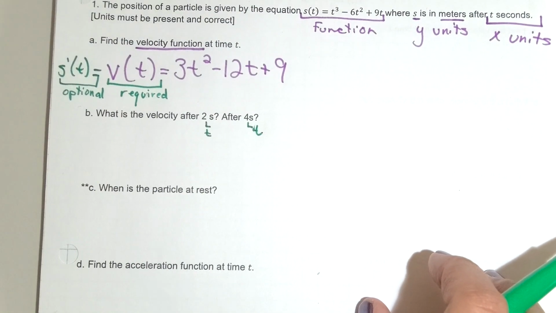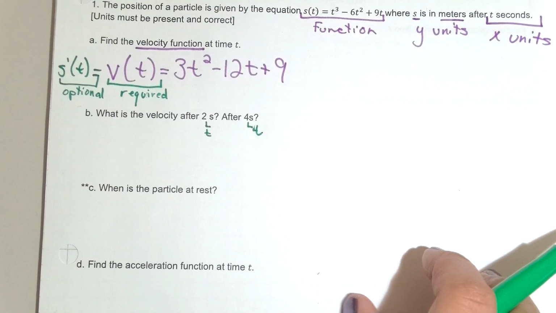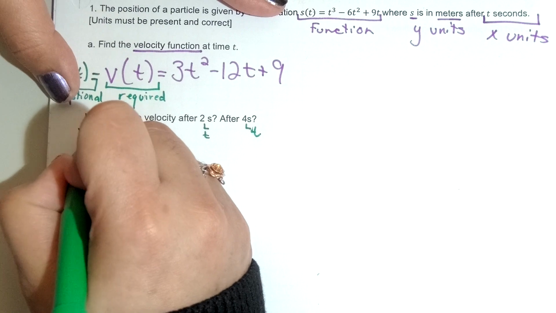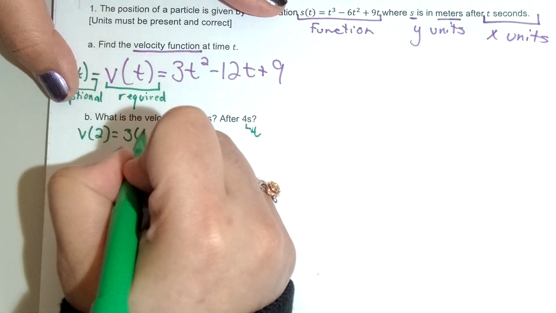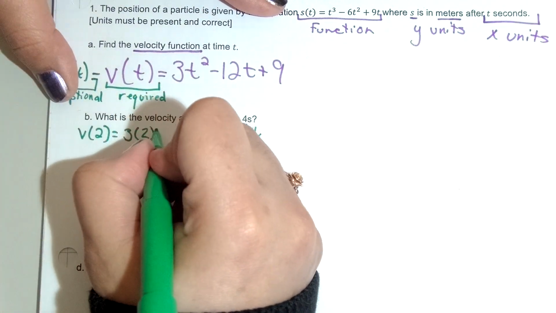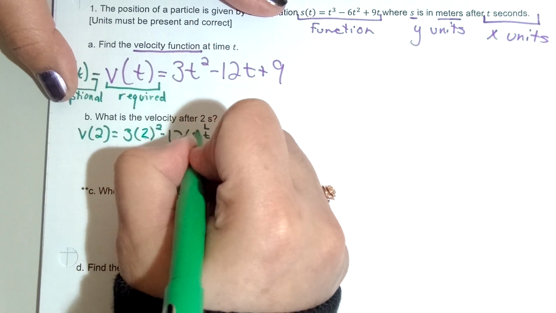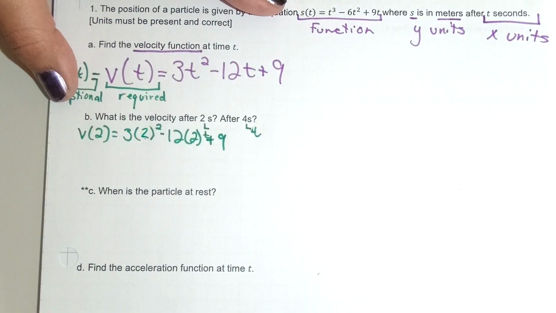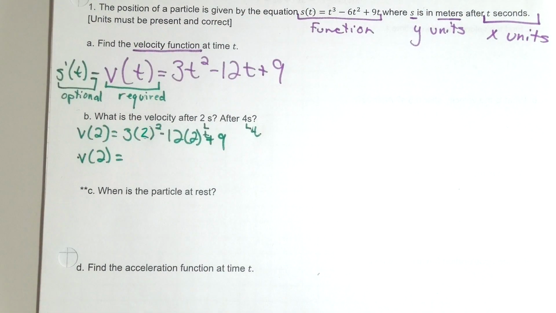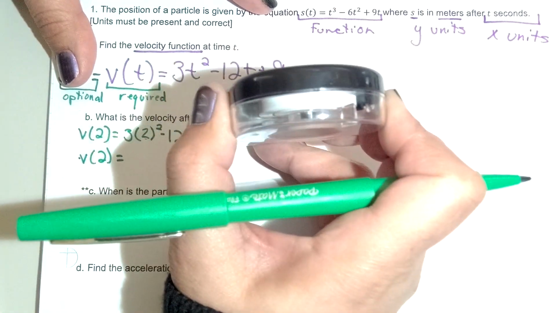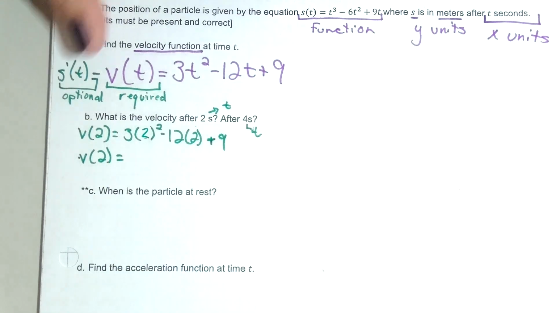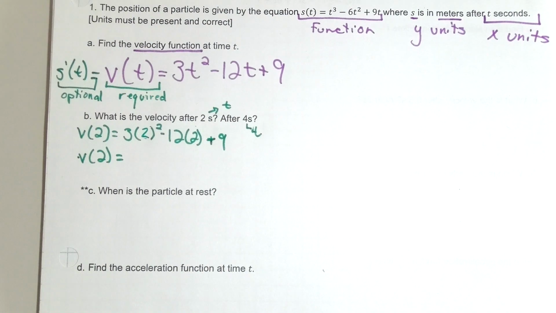You need to write a phrase. Okay? This goes back to what we did a long time ago. So I'm going to substitute in 2. So v of 2 is equal to 3 times 2 squared. Can you guys see that I'm writing? I'm not off screen, right? So v of 2 is equal to, can somebody put this in their calculator? Give me an answer, please. Negative 3?